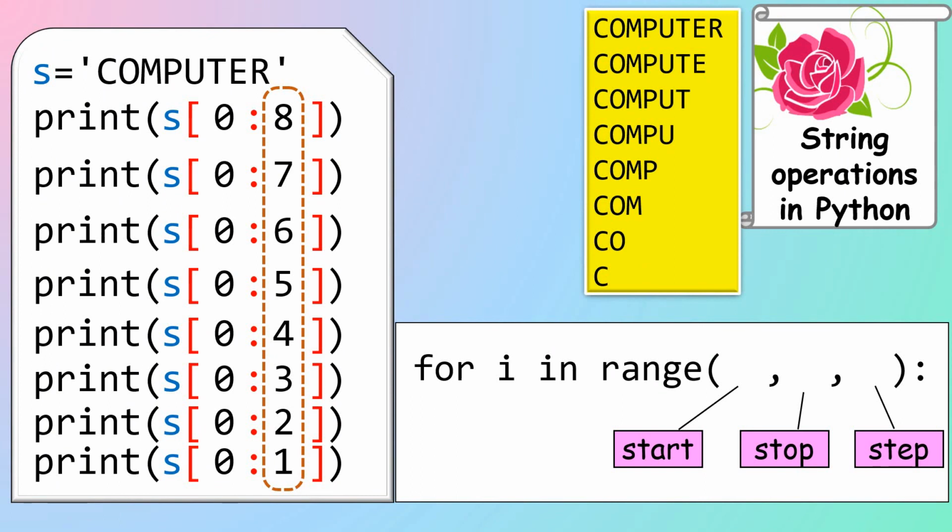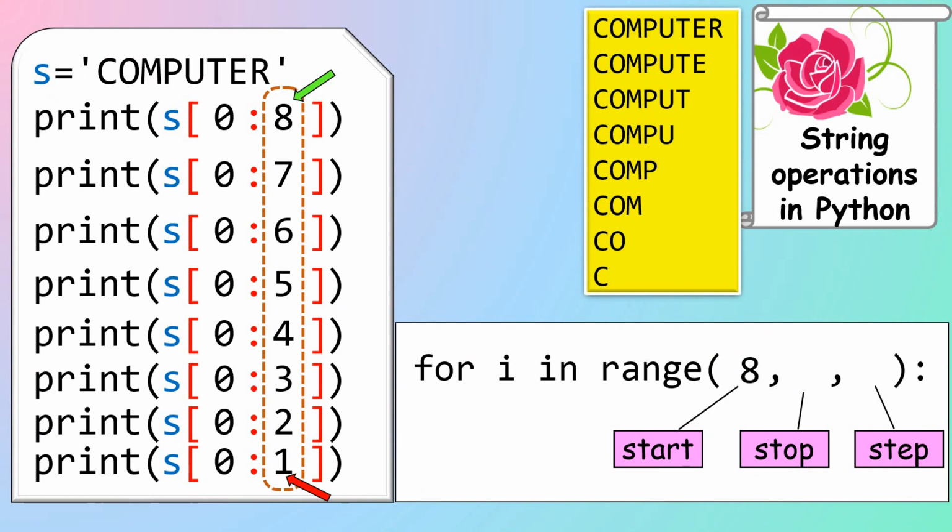Now to fill these 3 parameters, you look at the values in the print statements: 8, 7, 6, 5, 4, 3, 2, 1. So you want your range function to generate these values. So the starting value is 8. So here in the range function, you fill the start value as 8. The last value is 1. In the print it is 1.